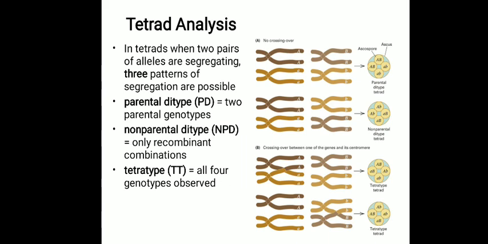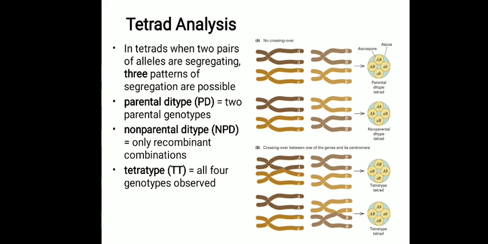Then in the tetrad, when two pairs of alleles segregate, three patterns of segregation are possible. Whenever crossing over or segregation of the tetrad takes place between the two pairs, three types of segregation patterns are possible.